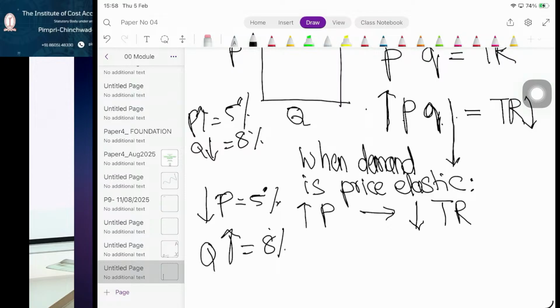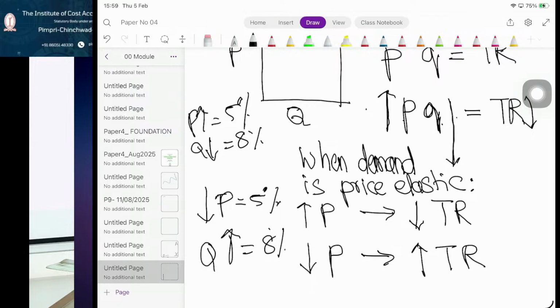So when demand is price elastic and price is cut, total revenue will increase. Did you all get this? This is what happens when demand is price elastic.